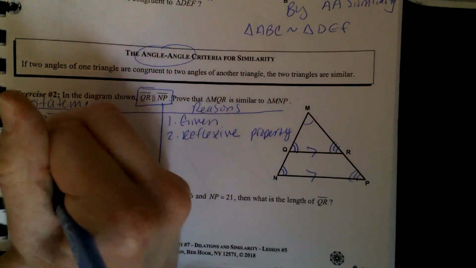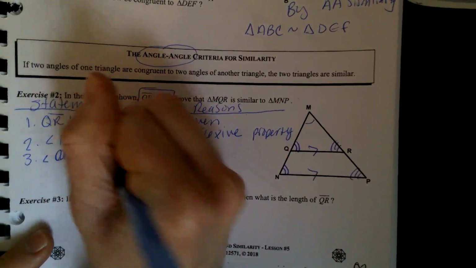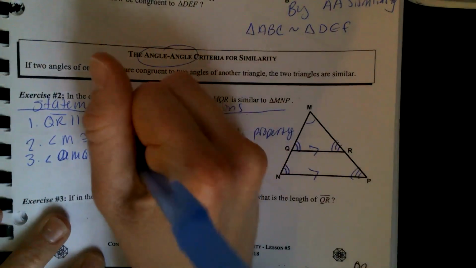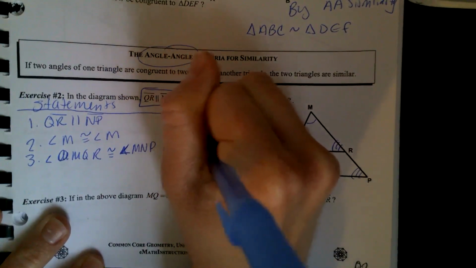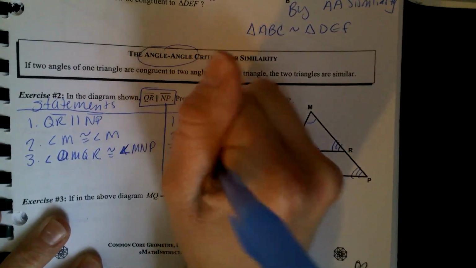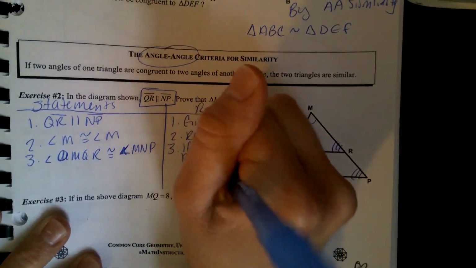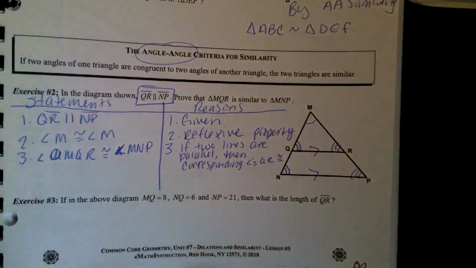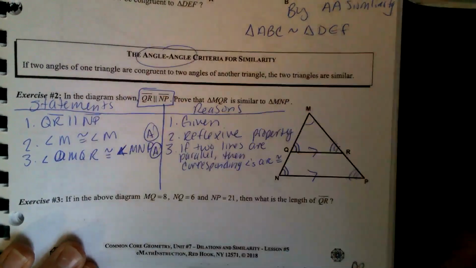So I'm going to say that angle MQR is congruent to angle MNP because if two lines are parallel, then these corresponding angles are congruent.